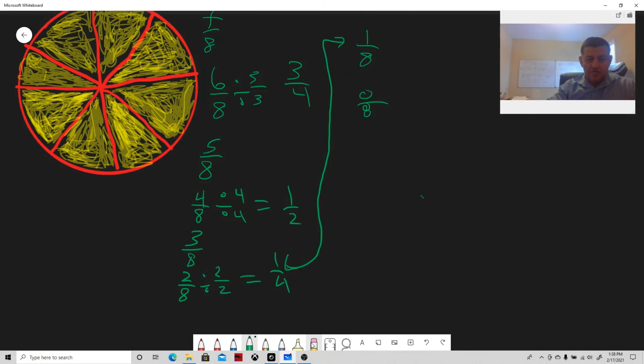Again, to review a little quick, the numerator is the equal part over, right?